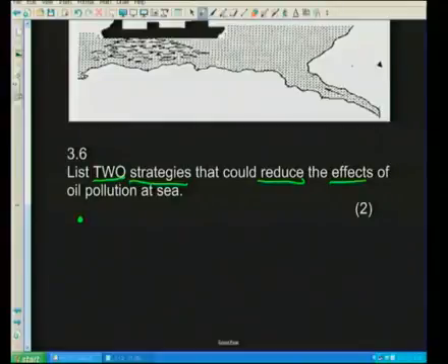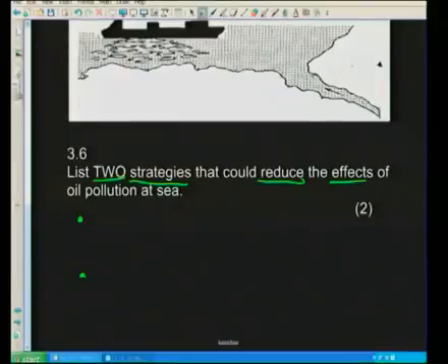Now I'm making dots here, and I think that's also important. If you make little bullets, okay, we need 2 points. The bullets is just easy for the marker to mark. If you're going to write a paragraph, now the marker has to go and try and find your answers. So make 2 bullets, it's 2 answers, separate lines, easy to mark.